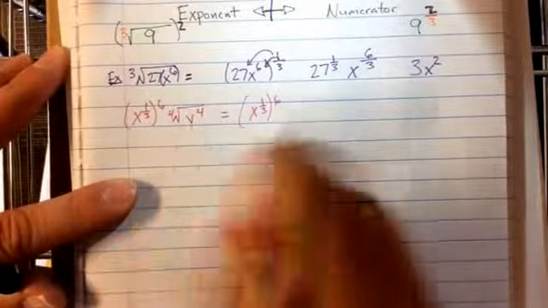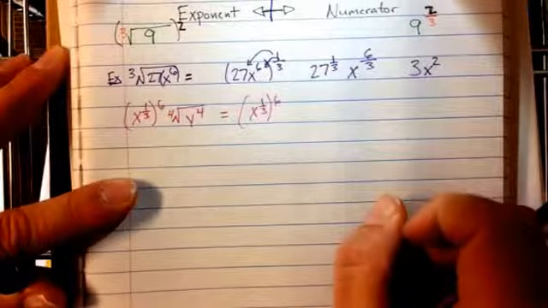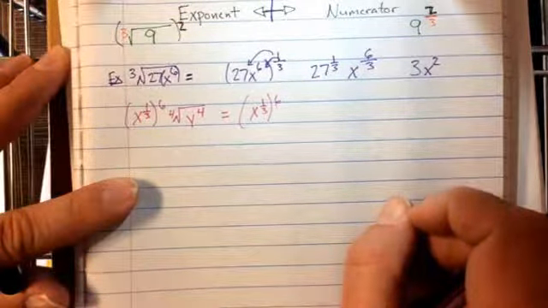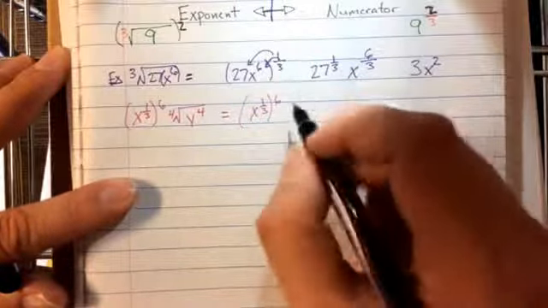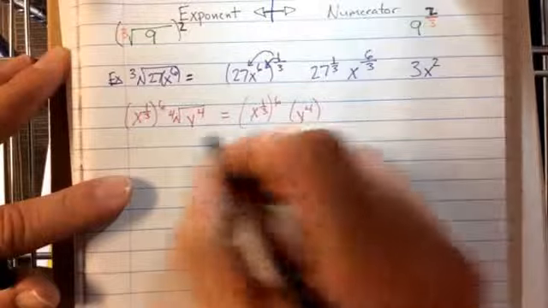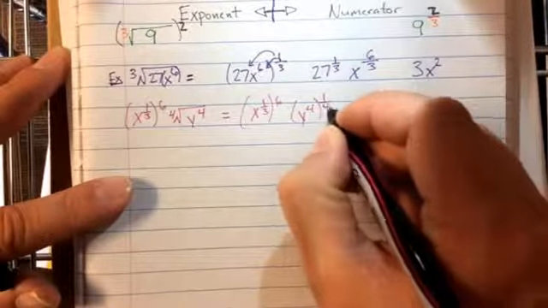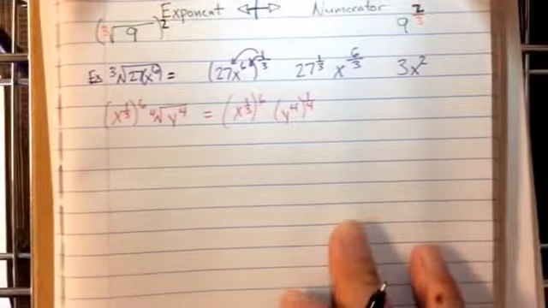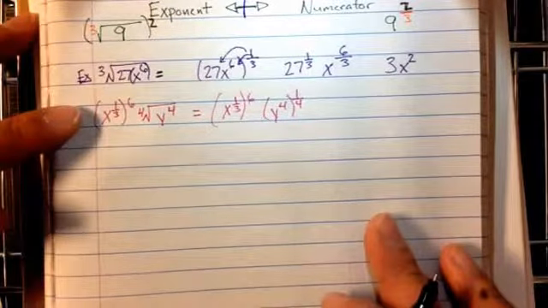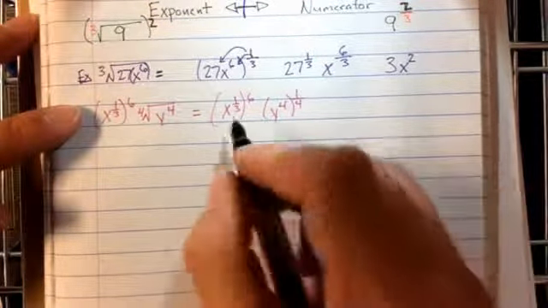Now let's transform the 4th root of y to the 4th. Angelina? So we have y to the fourth, in parentheses, raised to the 1/4 power. Now we have powers that have powers, so we're going to do what?